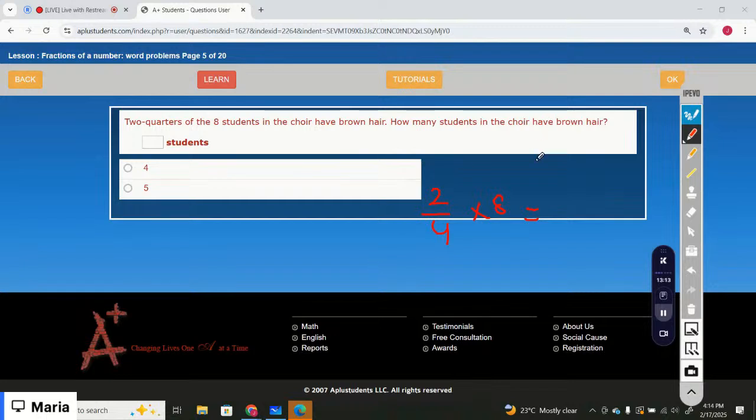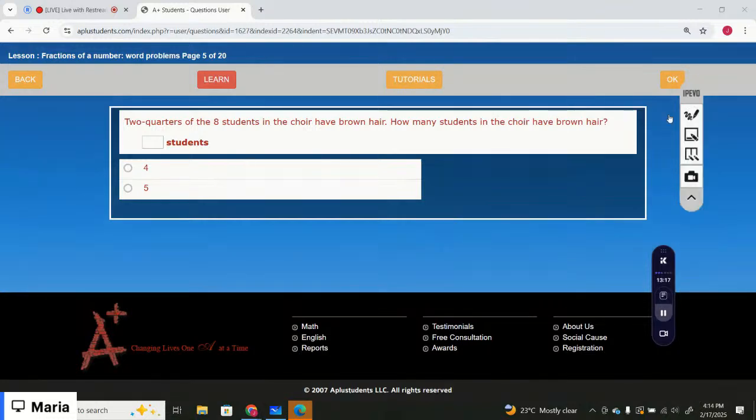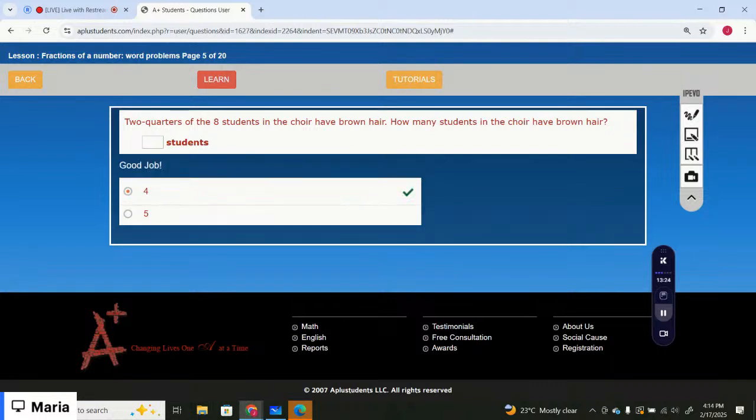That is 8 times 2 is 16 and 16 divided by 4 is 4. Option number 1 is the correct option. That means 4 of the students have brown hair. That is 4.